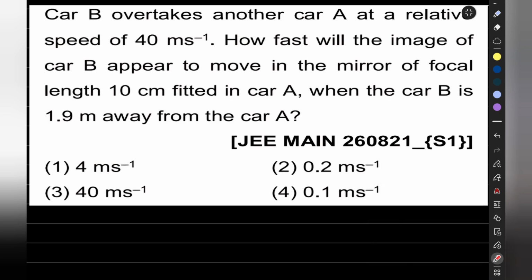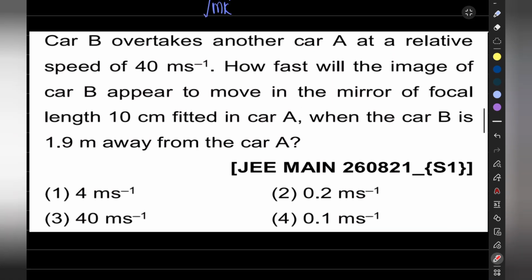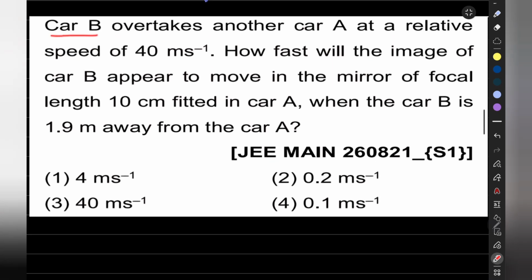As you can see, we have one question on the screen which says car B overtakes another car A at a relative speed of 40 meter per second. Basically, the first line is saying we have one car B and one more car A, and car B is trying to overtake car A with a relative speed of 40 meter per second.